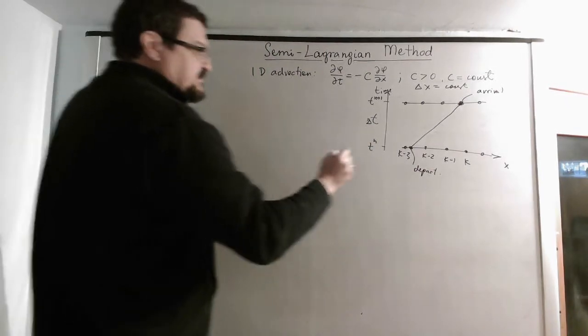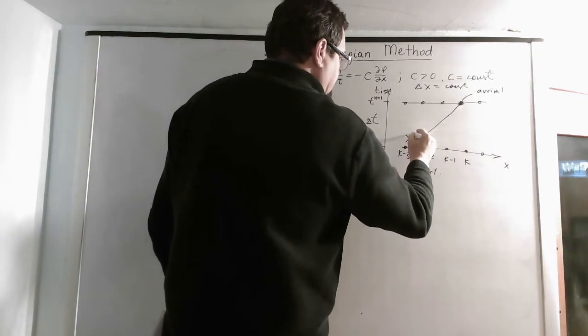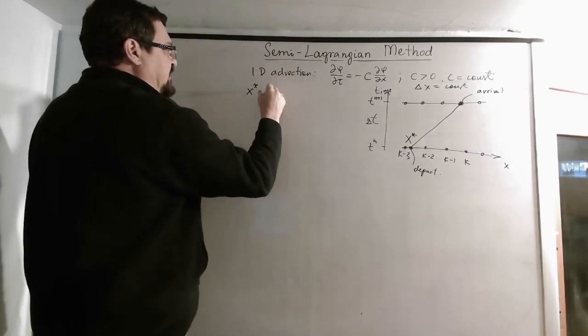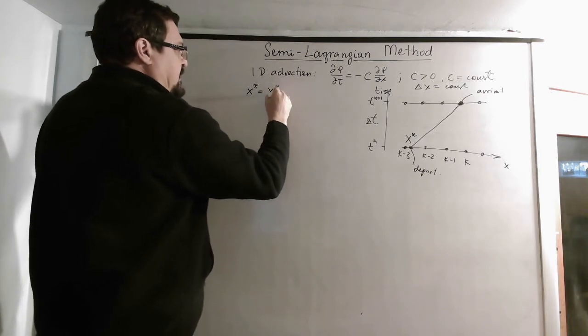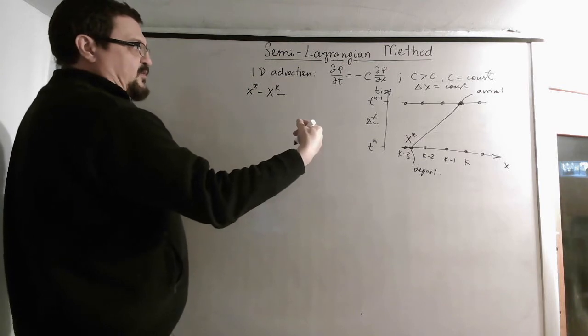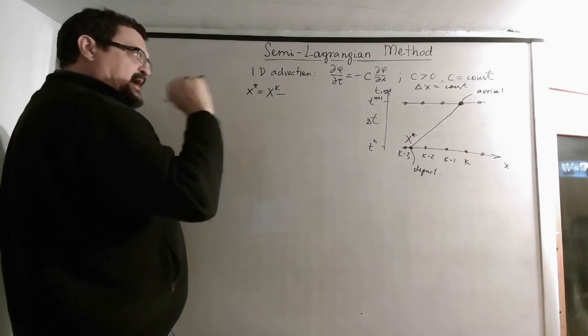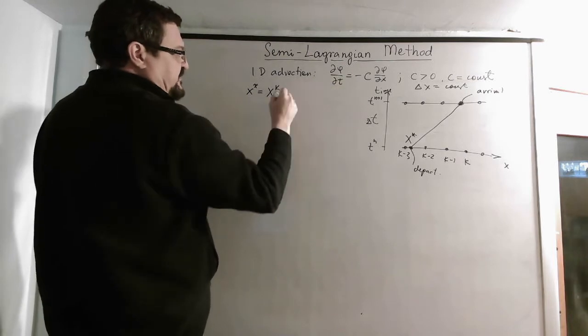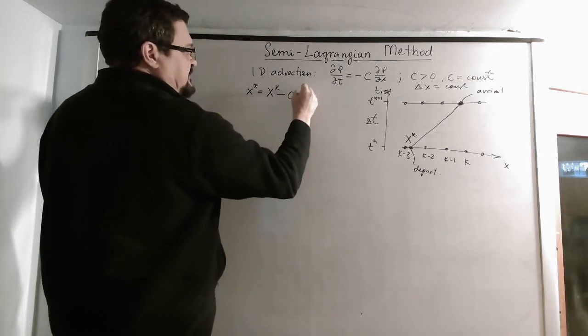Let's call this one the x star location. This x star location equals xk minus c delta t. You see we reversed time, so our x is actually going backwards now, assuming that c is constant and positive here.